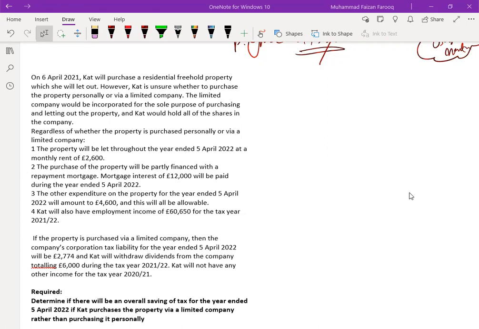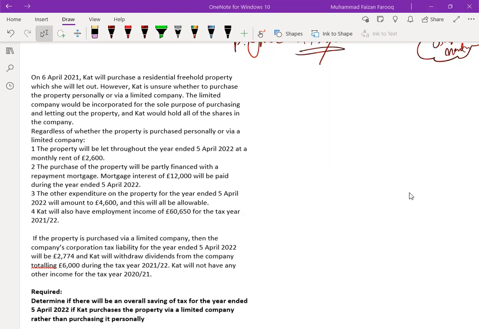I will repeat the requirement. They are asking you to give the answer of income tax if you are financing this property by yourself, individually.